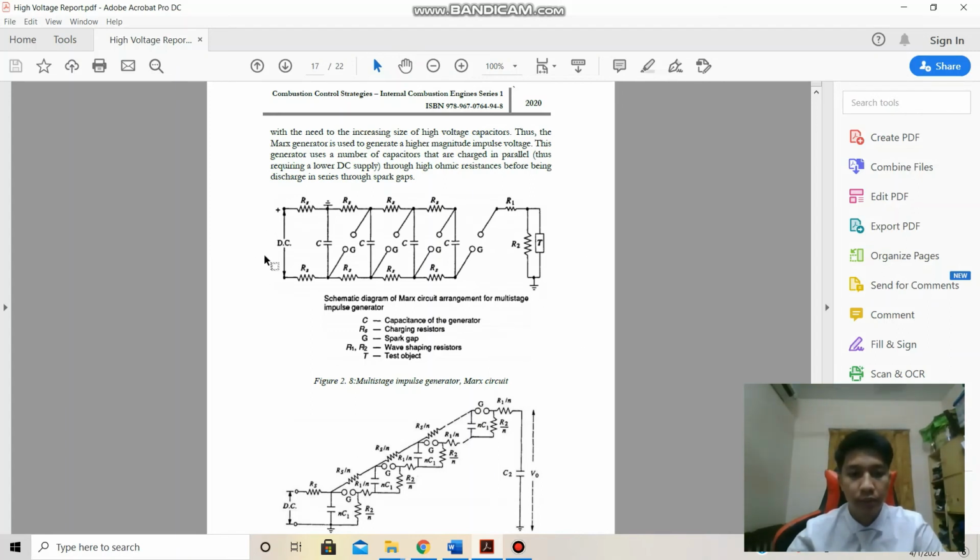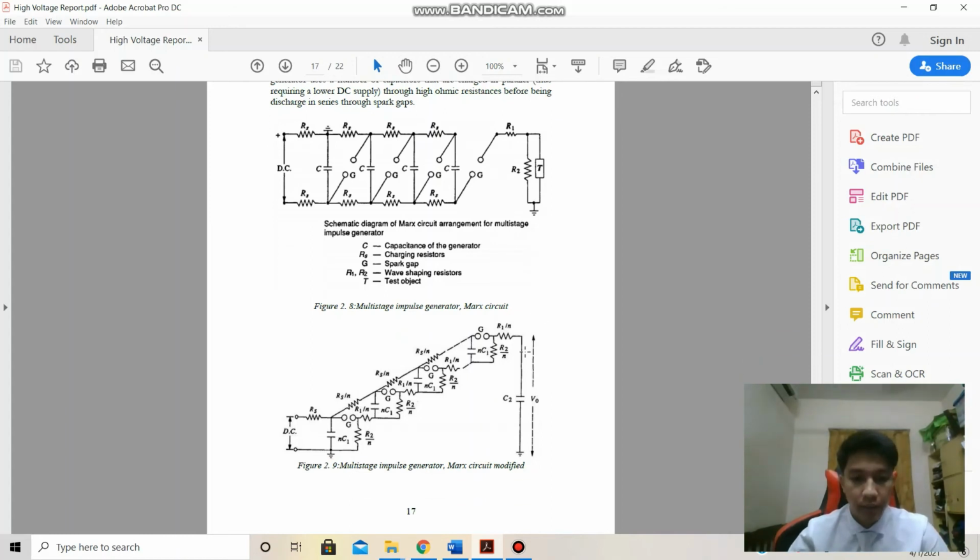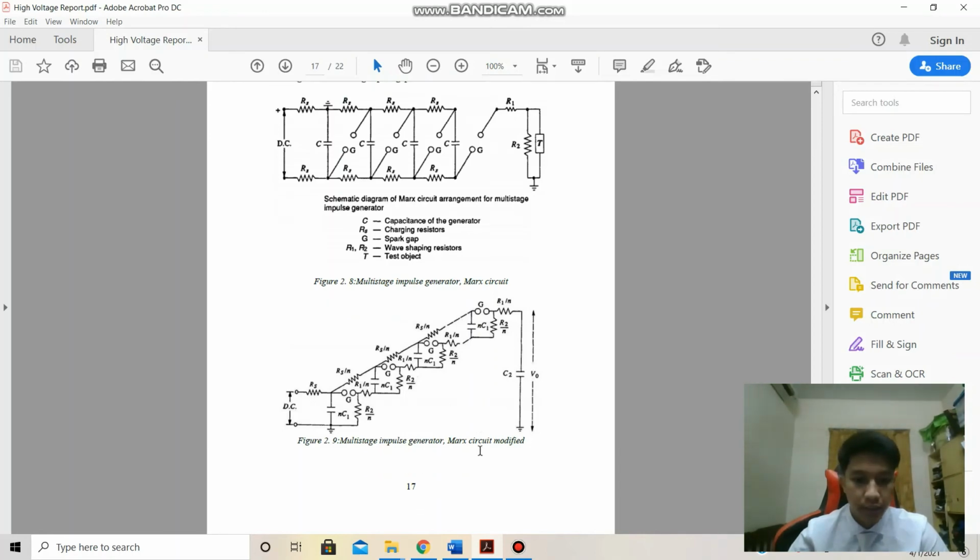Okay, this is the Marx circuit schematic diagram. This is the Marx circuit a little bit modified with the capacitor.